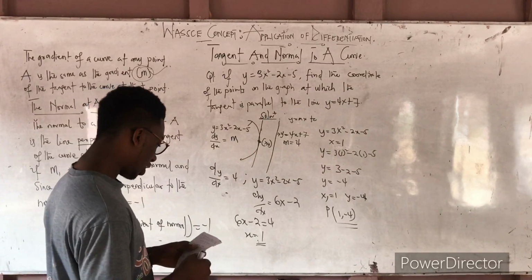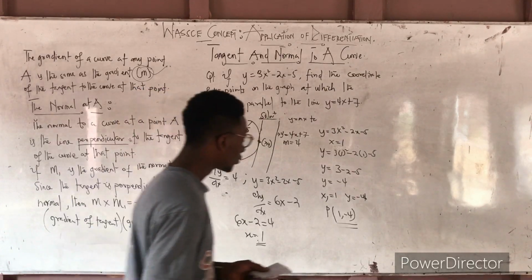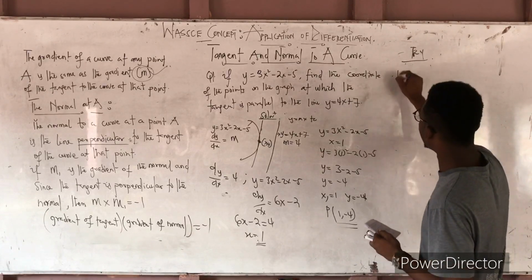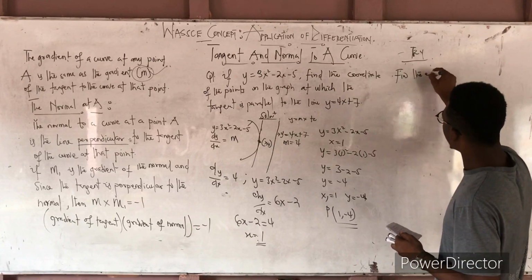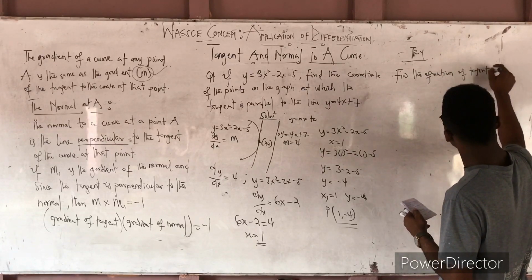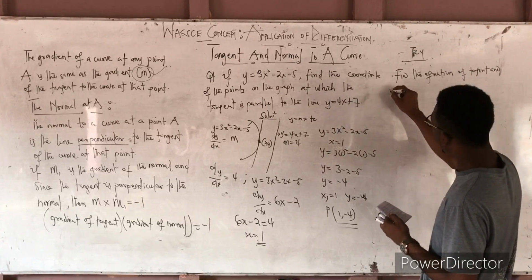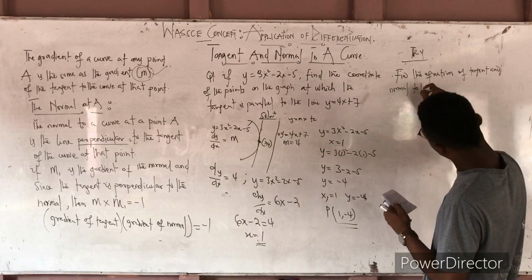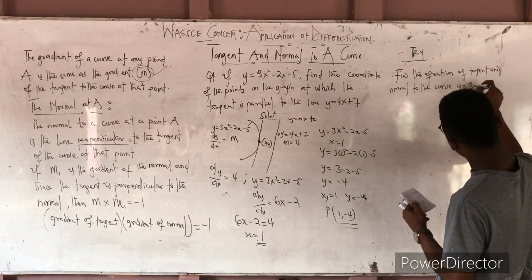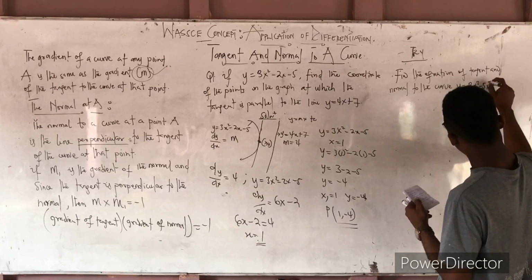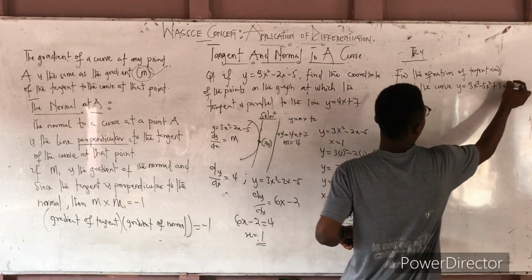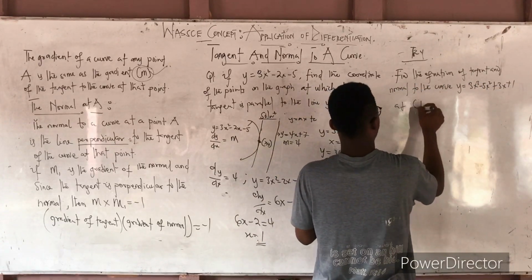Okay, let's look at one last example, and I want you to try your hand on it. Find the equation of the tangent and normal to the curve y is equal to 3x cubed minus 5x squared plus 3x plus 1 at (1, 3).